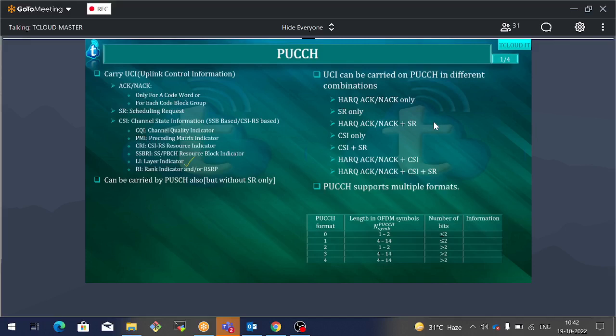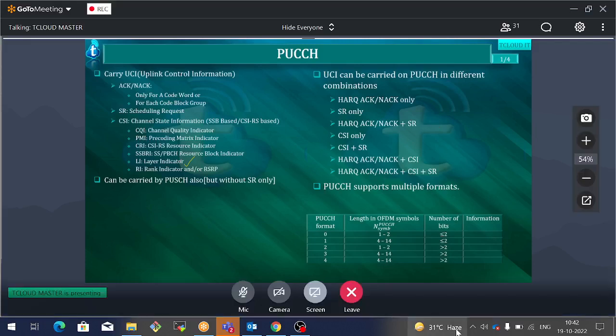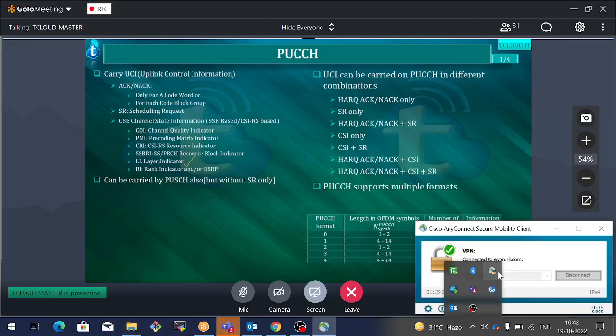Layer indicator. Layer indicator decides how many layers you are asking the other side to transmit. So that either increases or decreases your data rate. If there is a suggestion to increase the LI, then obviously the data rate would increase because you would be taking more data from the transport block, processing it, generating more symbols and dividing them across layers, and then multiplying that with the precoding matrix indicator.